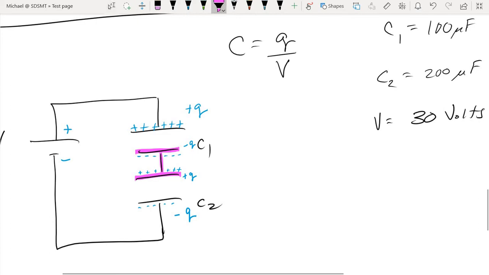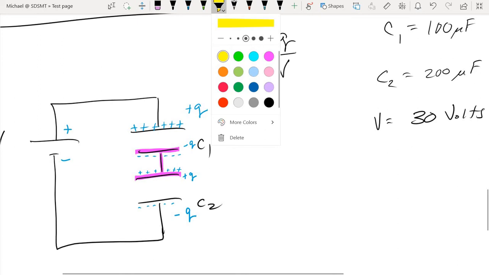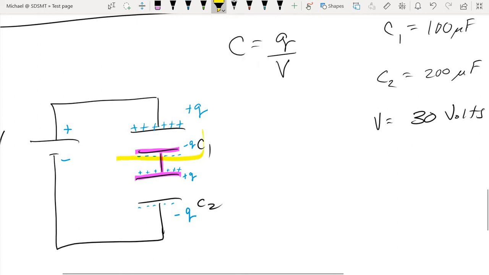If we look at the first capacitor, the charge values on the top and bottom plate of that first capacitor are plus and minus Q, which is exactly how we were working with capacitors when we were going through those derivations.